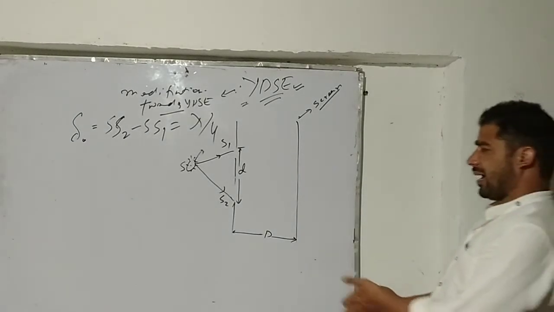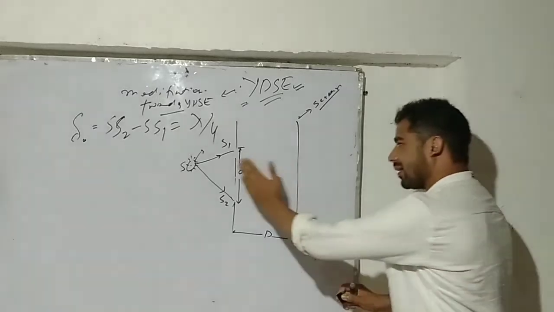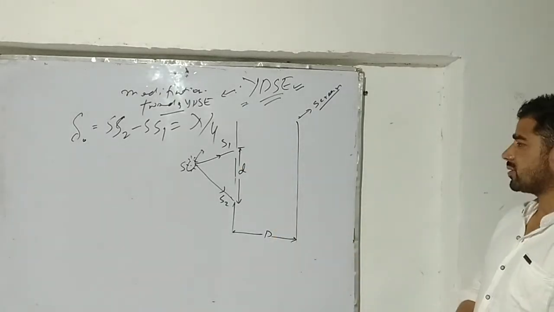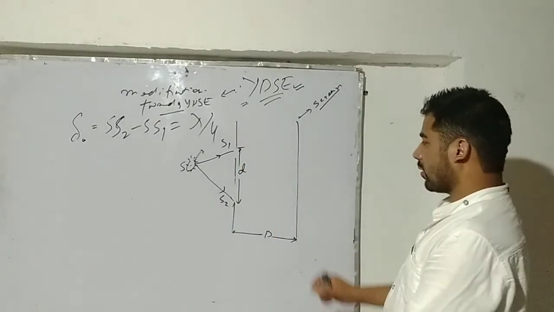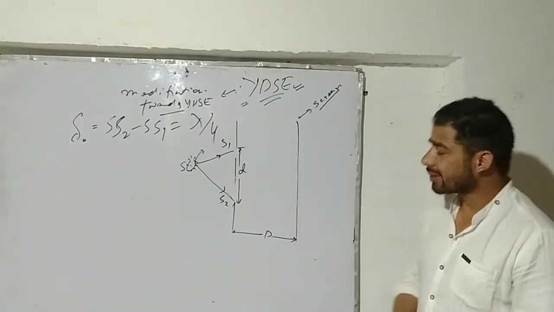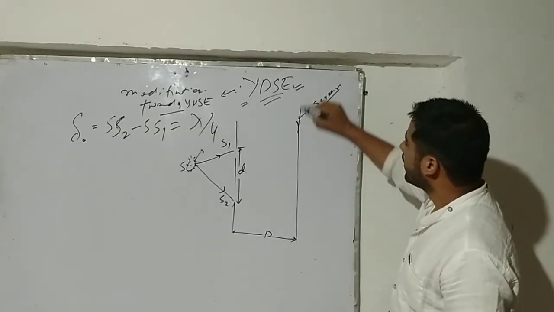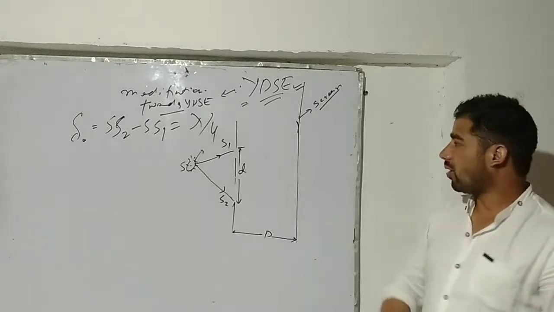As we know, when the light rays come out through the two slits, they show a disturbance, and this disturbance is measured on the screen.